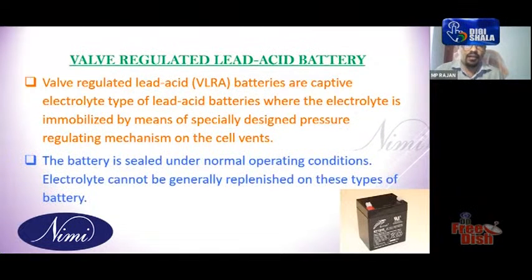So this can be used in any condition. It can even be kept upside down, and there is no spillage. There is no chance of the electrolyte coming out. And the water content will remain the same. There is no chance of the water evaporating. Whatever hydrogen and oxygen gas is formed inside combines together again and becomes water, so there is no chance of the water content reducing in the battery.